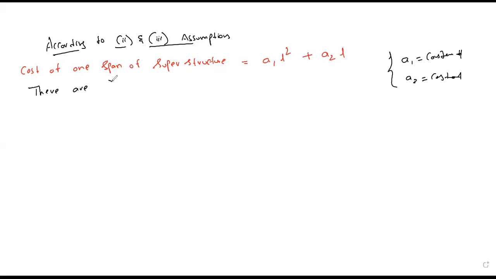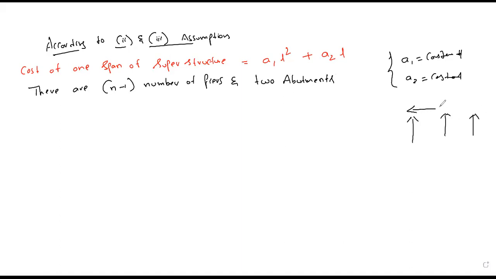Okay, now there are n minus 1 number of piers and 2 abutments. Isn't it? How many number of piers we have? What do you mean n? N is nothing but the total number of spans. Okay. How many piers you will have? If your bridge is having 2 spans, 1, 2.